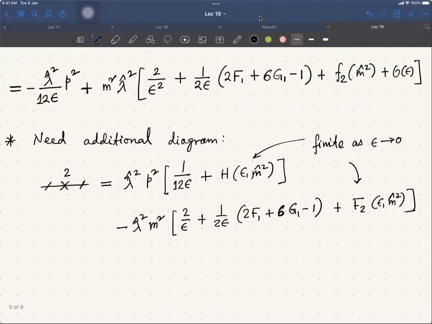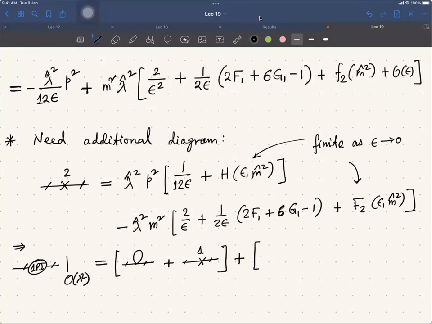This would imply that the net diagram 2.1 pi up to order lambda square will be given by the contribution at order lambda and the new vertex.